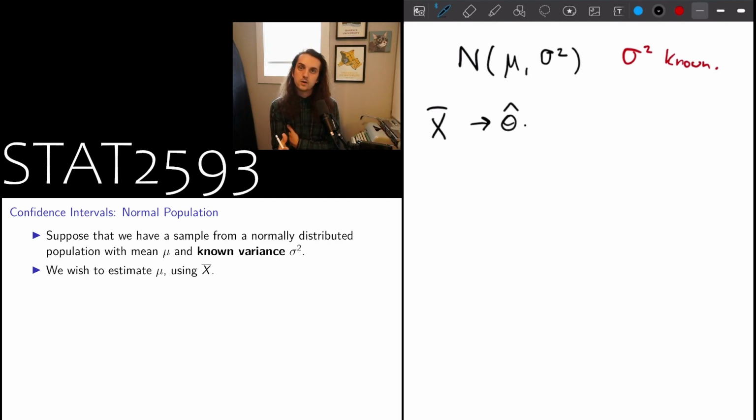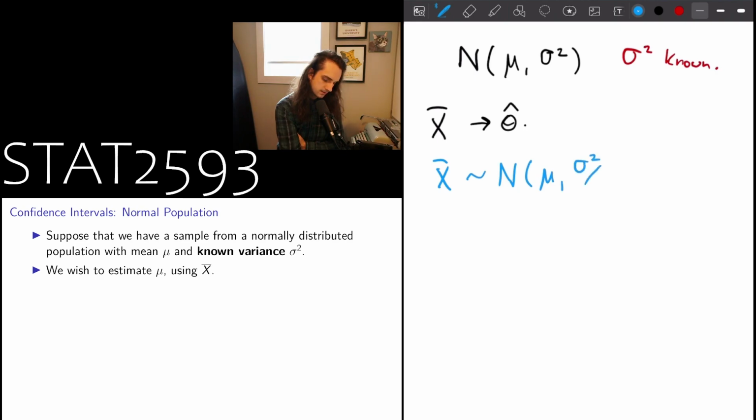Now, what we saw when we talked about our sampling distributions was that x bar, when it's a normal population, is going to be distributed as a normal distribution with mean mu, and the variance is going to be sigma squared divided by n, right?